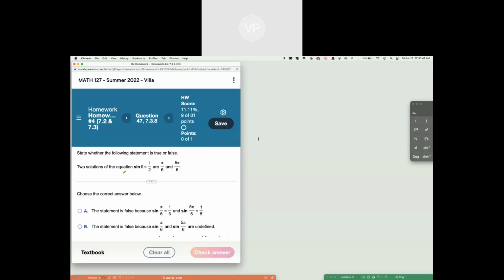The solutions to that one are these two. Okay, so when they give you a solution, remember, here's my equation right here. You're going to plug in this, and then you're going to do the same thing down here, same equation, and you're going to plug in the other one. And you want to see if they're true.